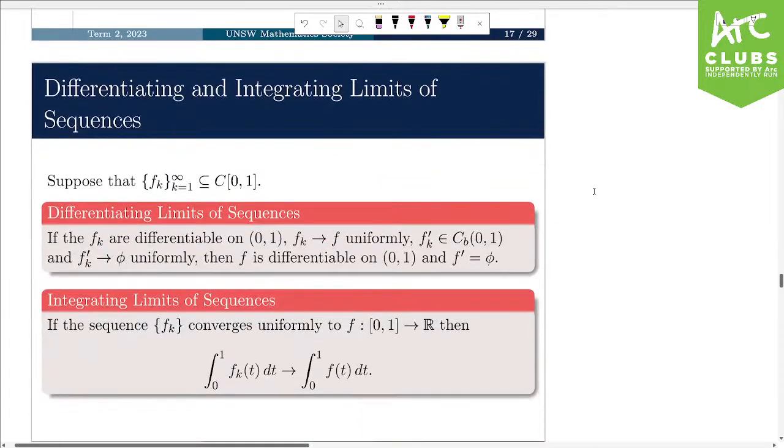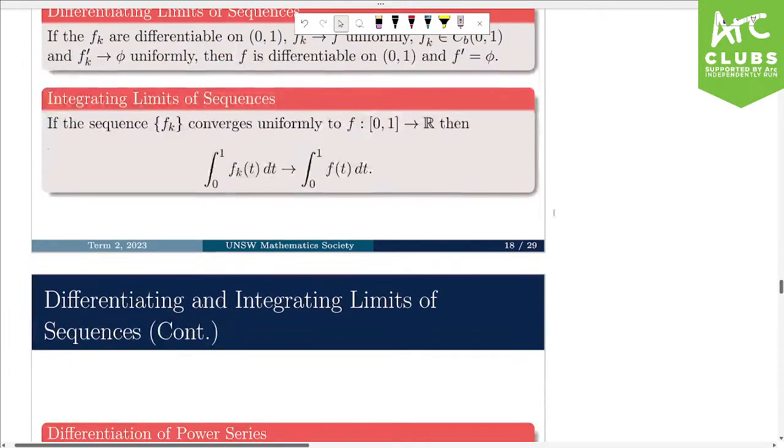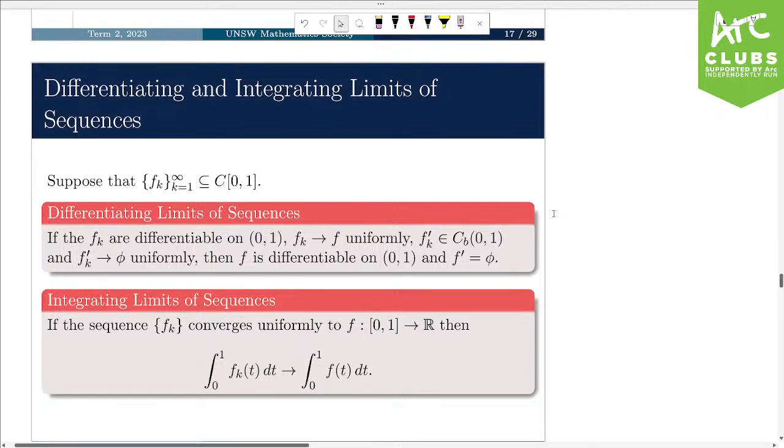Okay, the next section is a few theorems on differentiating and integrating limits of sequences. So here we have a sequence of functions that are continuous and defined on 0, 1. This can actually be any closed interval a, b, and these will still hold.